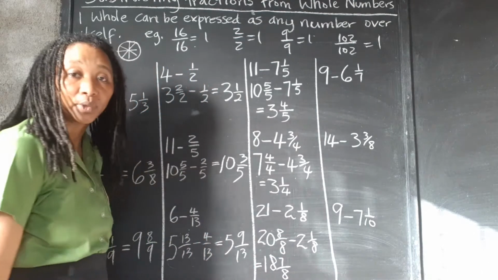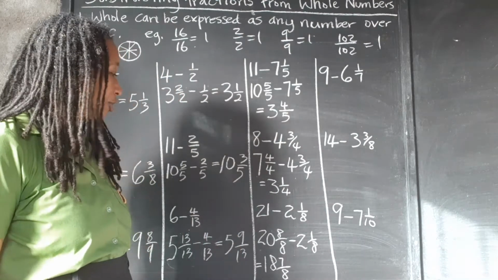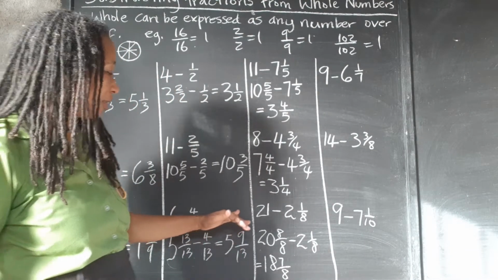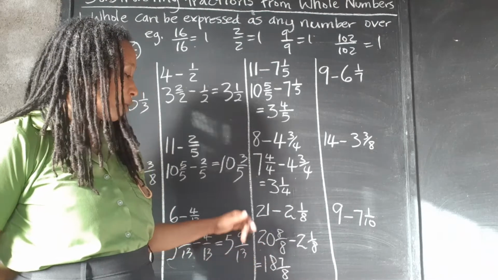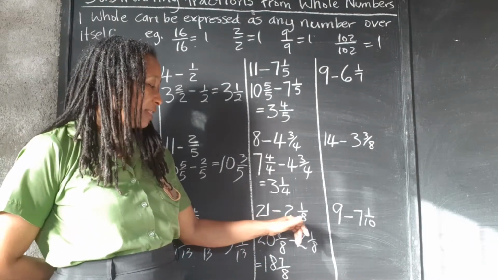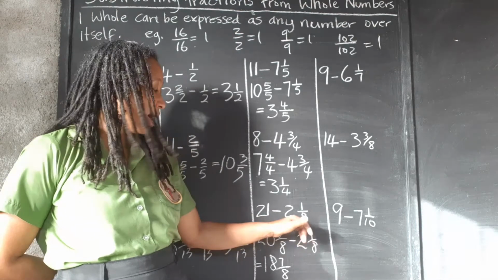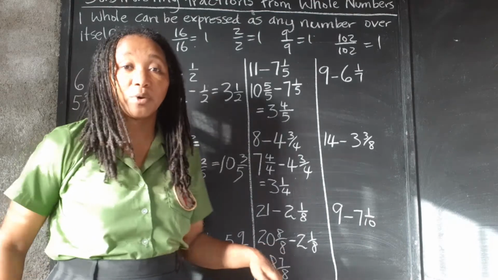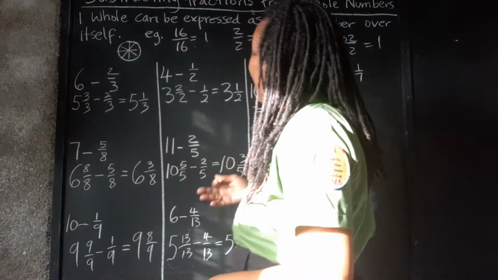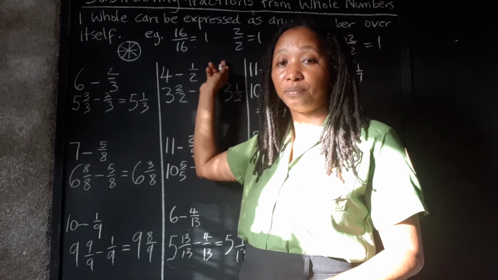Okay, are you getting the hang of it? Right? So we're not changing the whole numbers, we're just rewriting them. We're using the fact that this one here has a denominator, and we want to have the same denominator. And remember, we have an option. We can express any number over itself as one whole.